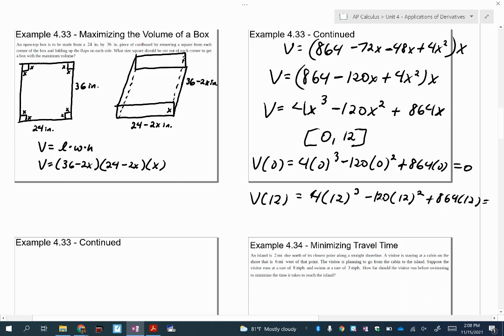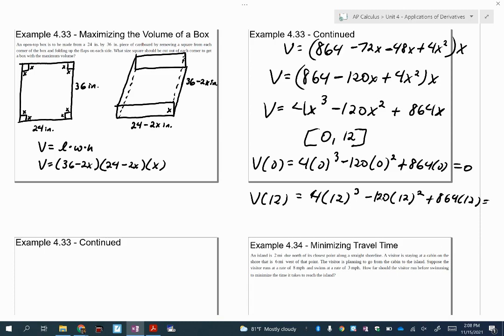Now, I'm going to do it on my phone next to me real quick, but with a lot of these, it'll end up being 0, but you should take the time to see if it actually will be 0. So that's going to be 12 cubed times 4 minus 120 times 144 and then plus 864 times 12 and you get 0.